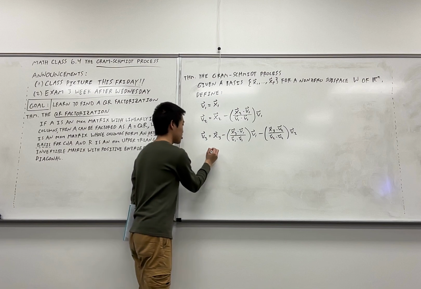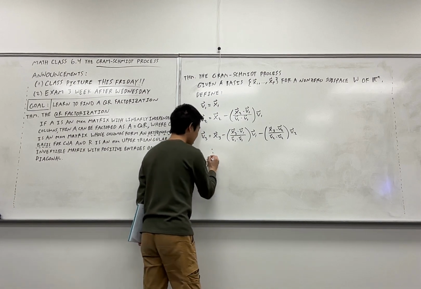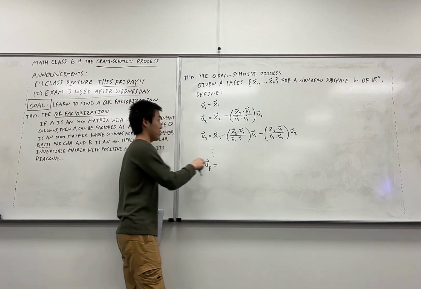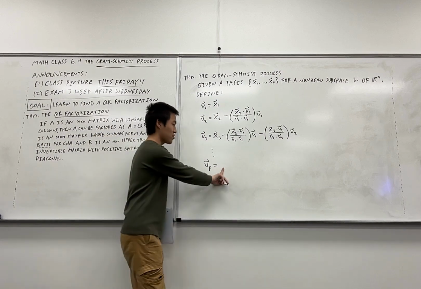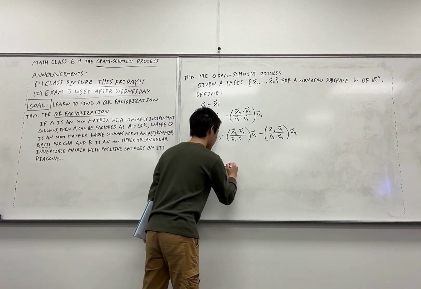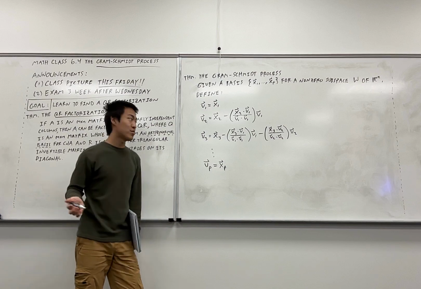So this is going to generalize itself, so that by the time I get to the last one in the list, the pth one, how do I start? Build this by analogy. What's the first thing I need to put here? xp. Right, so I start with xp and I ask, how do I need to adjust this to make sure it's orthogonal with everything?